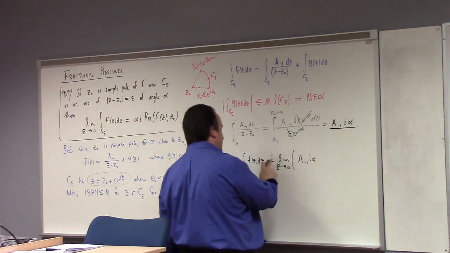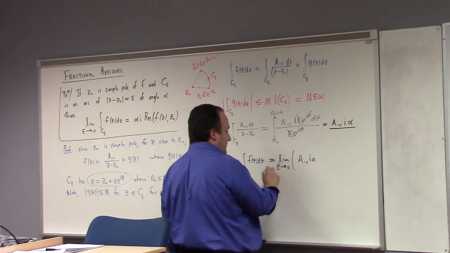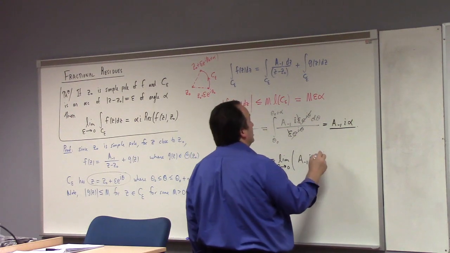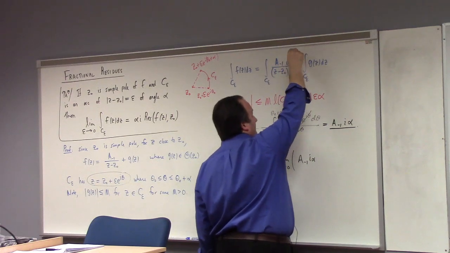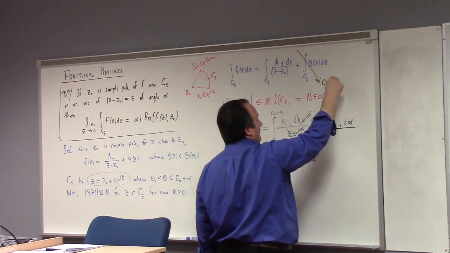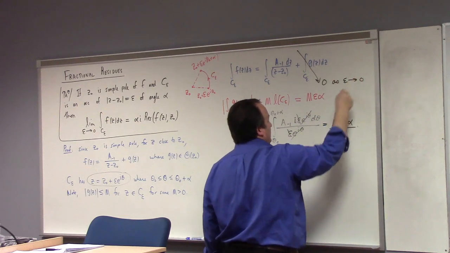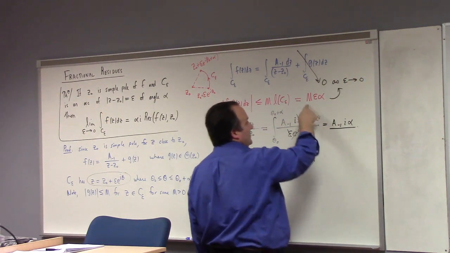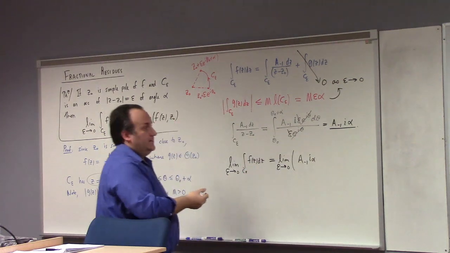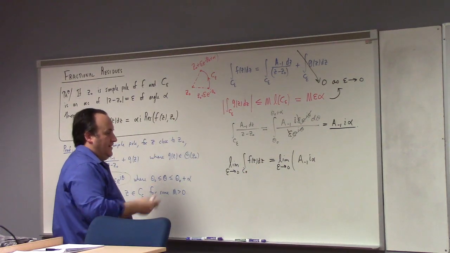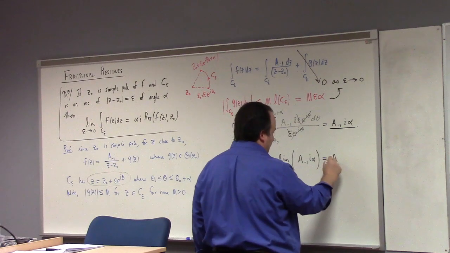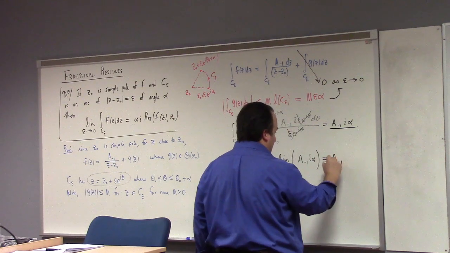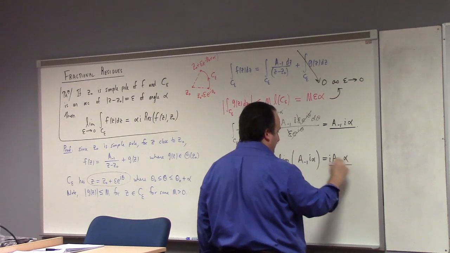It's equal to this, because what happens to this piece here as epsilon goes to 0? I'll give you another step in just a second. These are just constants: a sub minus 1 i alpha.